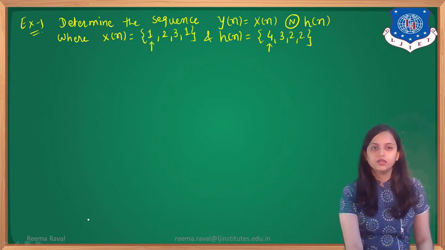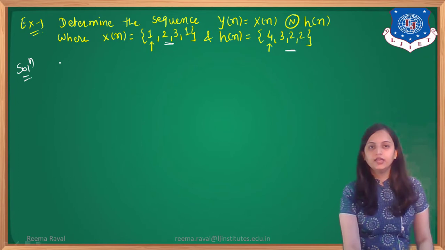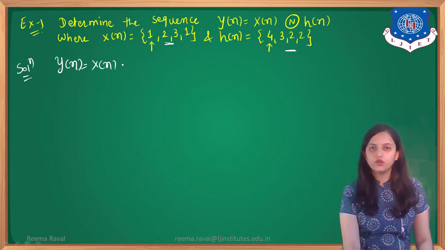If we look at the solution part, x of n given to us is 1, 2, 3, 1 and h of n is 4, 3, 2. We need to find the output circular convolution y of n, which is the circular convolution of x of n and h of n.